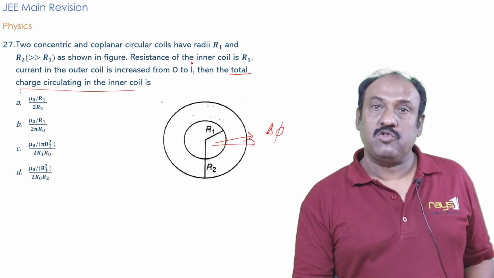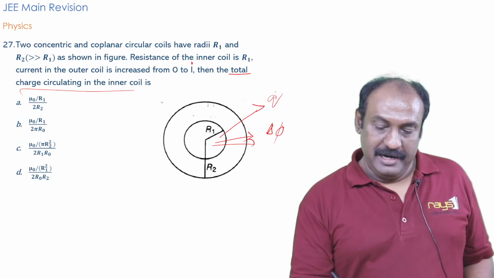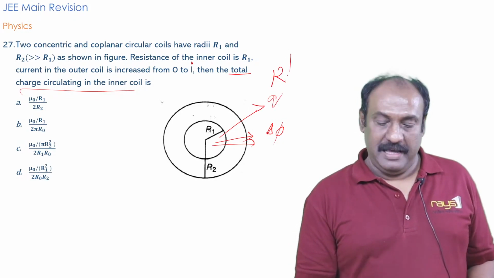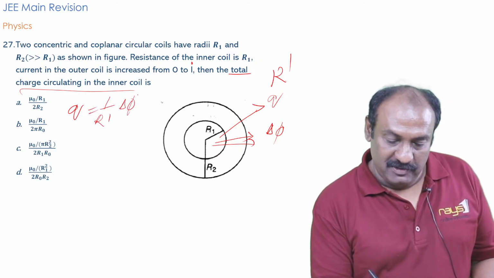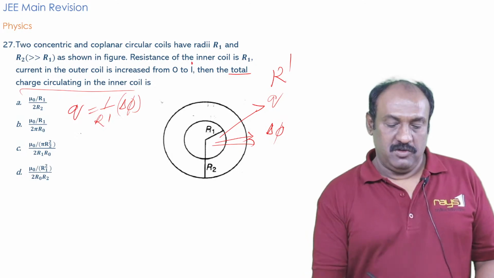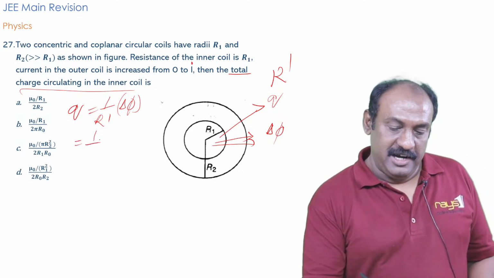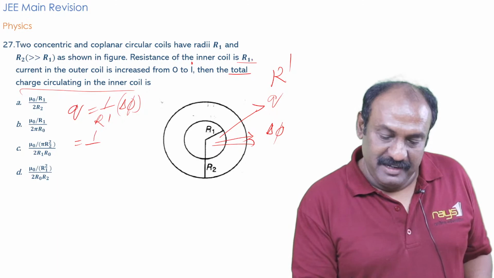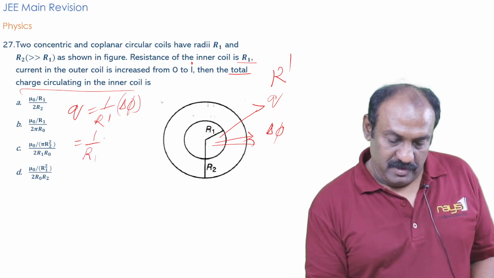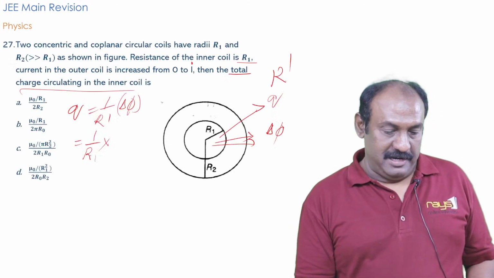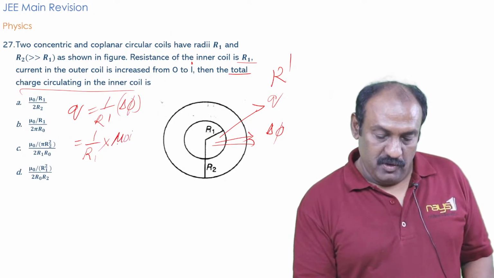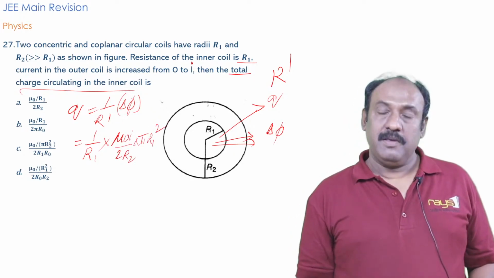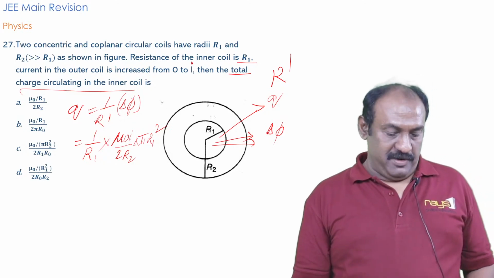The charge that flows through that coil, suppose it is Q and its resistance is R dash, is equal to 1 by R dash into the change in flux through the area of the coil. What is R dash here? According to the given data, the resistance of the inner coil is R1, into delta phi, which we already calculated. What is delta phi here? Mu naught I by 2R2 into pi R1 square.